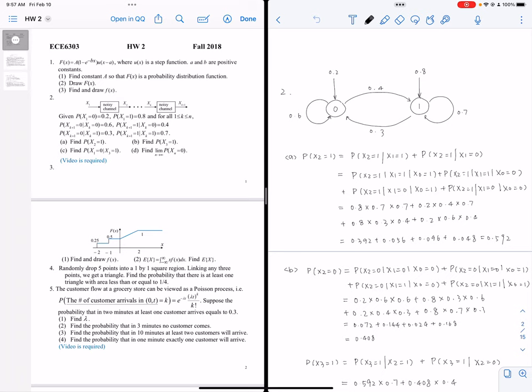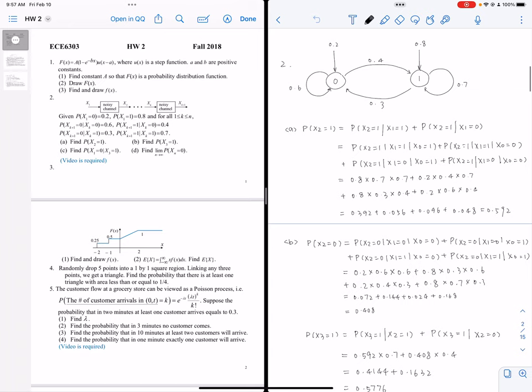Let's look at the first question, which is to find the probability of x2 equals 1. Naturally we can think of where this 1 comes from. It can come from a 0 or it can come from a 1. So we add those two possibilities together.